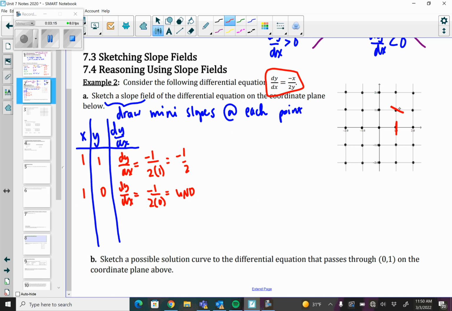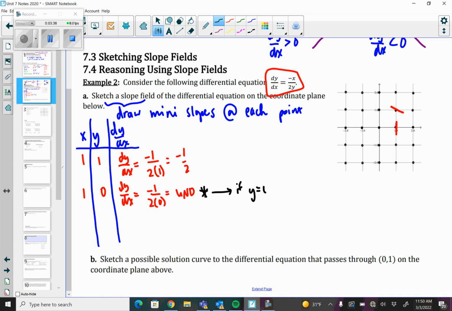So let's think through this and be a little bit smarter about how we are going to find all these slopes. Well, what did we just notice in this last problem? When y was 0, this derivative, the slope of the tangent line, was undefined. So we can generalize this.